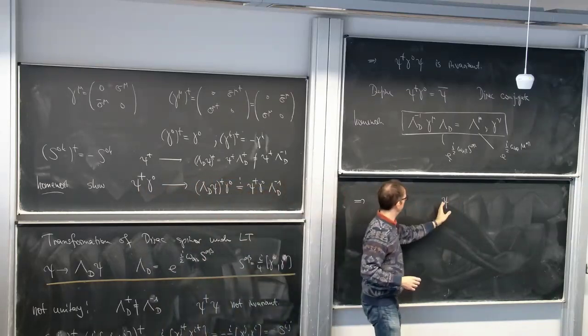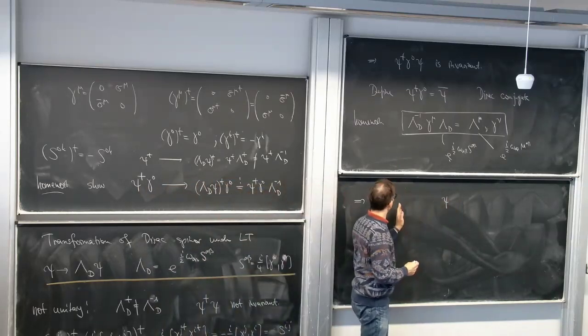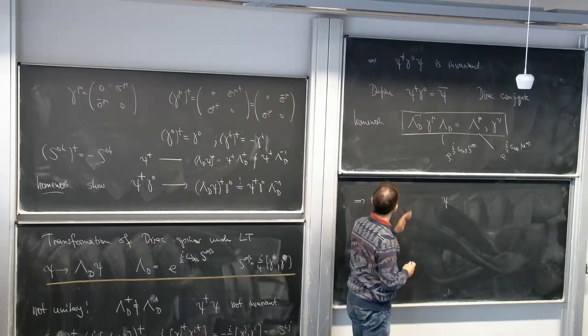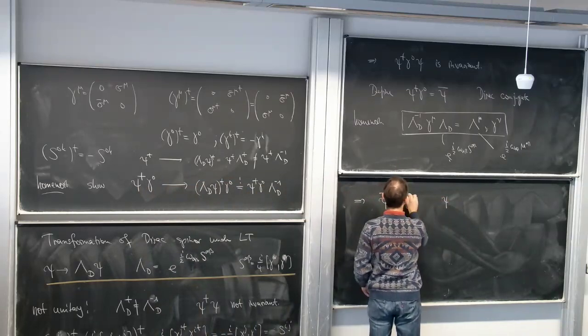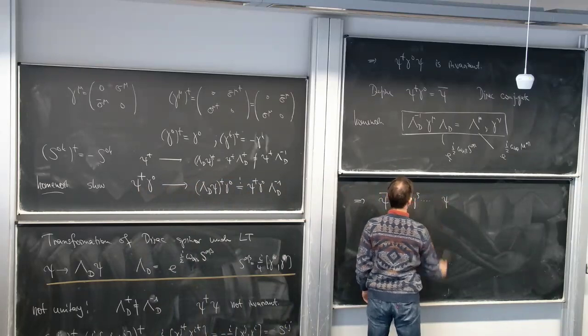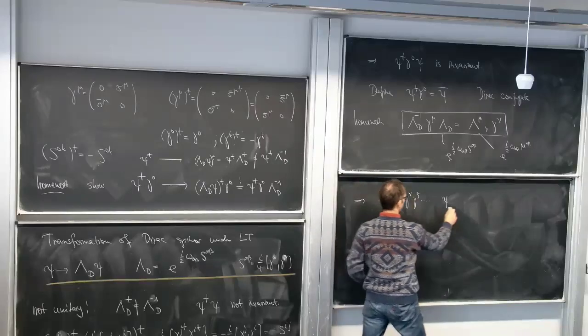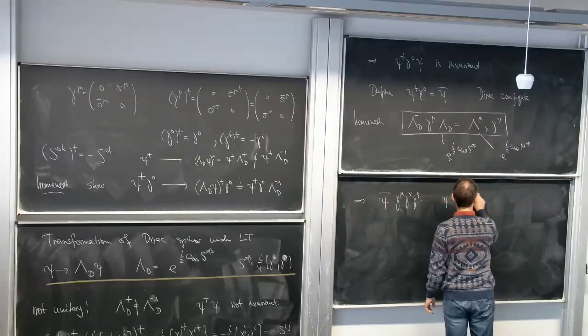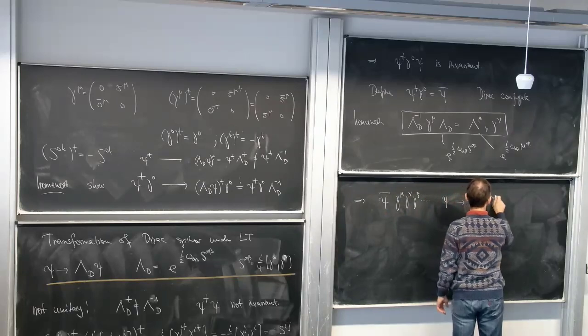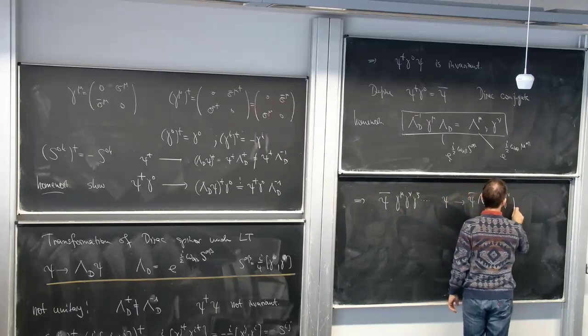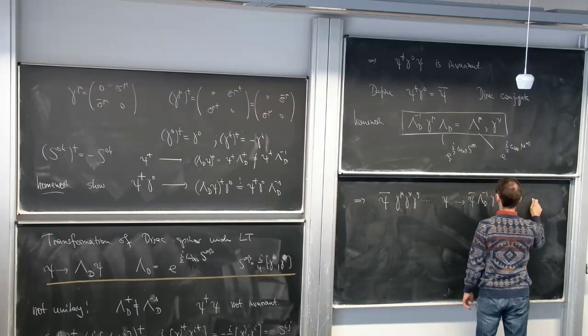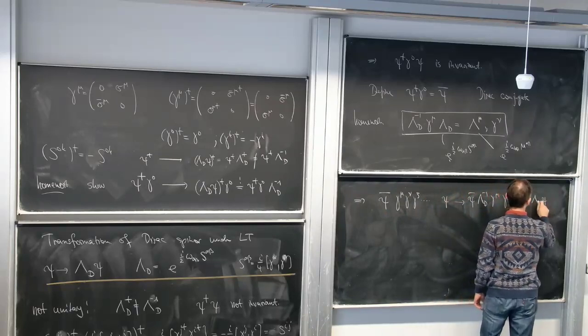If you stick in a few gamma matrices, mu, rho, as many as you want, then it transforms to psi bar lambda_D to the minus 1 gamma mu, gamma rho, lambda_D psi.